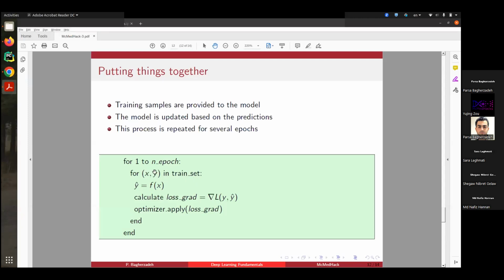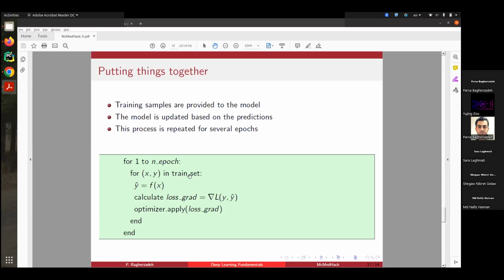Right now you are familiar with what a training set, a validation set, and a test set are. The training set and the validation set are exposed to our learning algorithm during the training phase, but the test set is usually kept undisclosed, and when you want to evaluate your model, you use the test set.